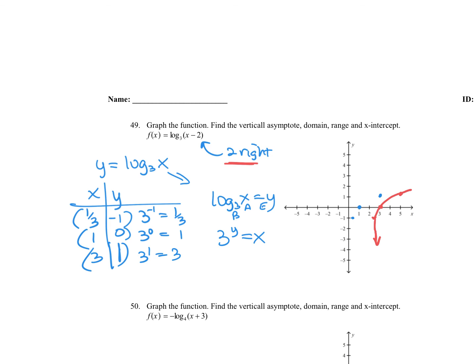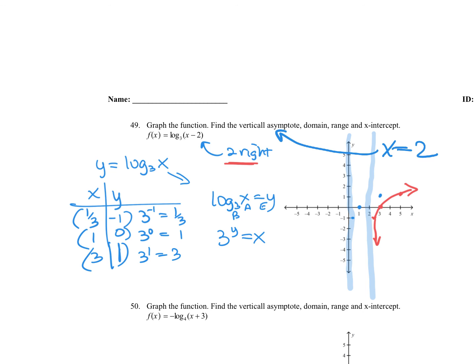Notice the original vertical asymptote for the blue one was x equals 0. When you shift your graph 2 units, your asymptote shifts as well. So my vertical asymptote here is x equals 2. That's the vertical.